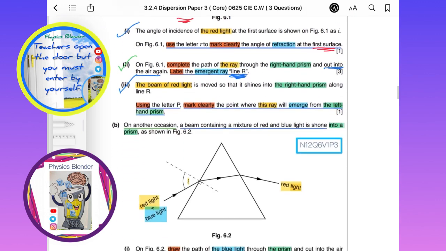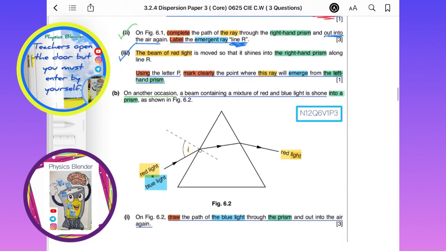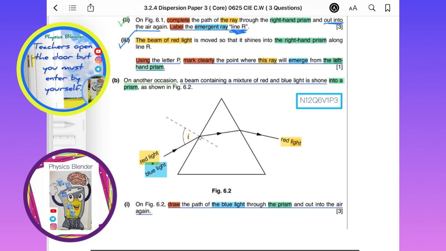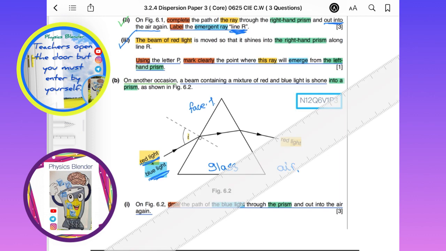On another occasion, a beam containing a mixture of red and blue is now shone into a prism. On the figure, draw the path of the blue light through the prism and out into air. So what happens here at the first point, at face 1, is that red and blue will be refracted and split inside the glass, and in air they will only be refracted. Let's draw what happens.